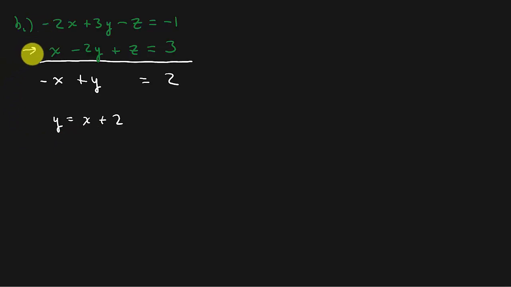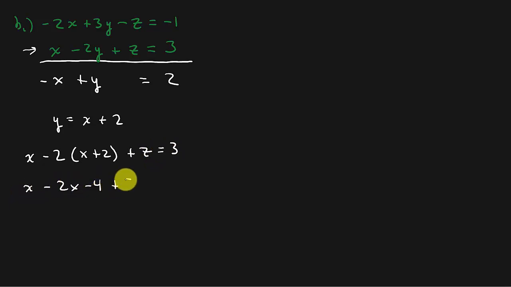I'll plug it into this second one here. So that's going to give me x minus 2 times y, and in the place of y, I'm going to put x plus 2, plus z equals 3. So x minus 2x minus 4 plus z equals 3. So negative x minus 4 plus z equals 3.